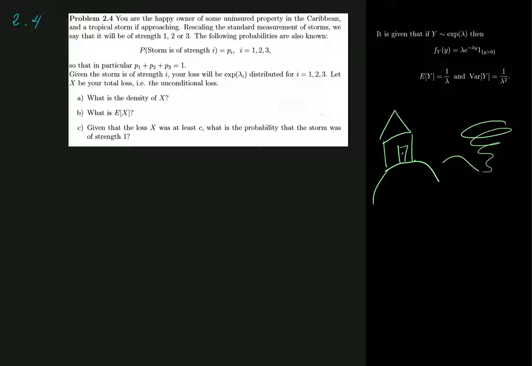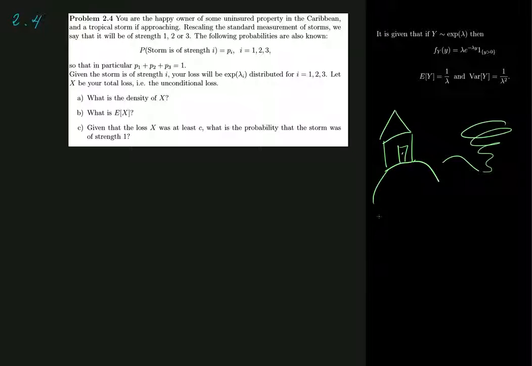What we want to consider is a situation where you are the happy owner of some uninsured property in the Caribbean. So how does that look? You have, well, let's just say it's a house or something in the Caribbean, and a tropical storm is approaching. And we model this by assuming that the storm can be of 3 different strengths.